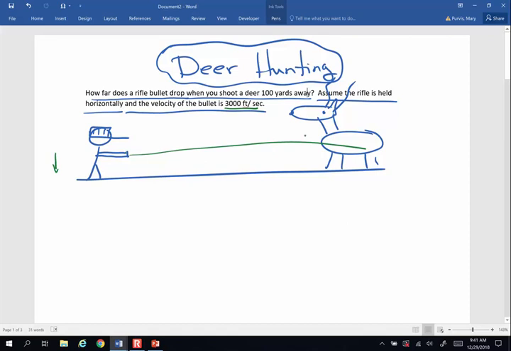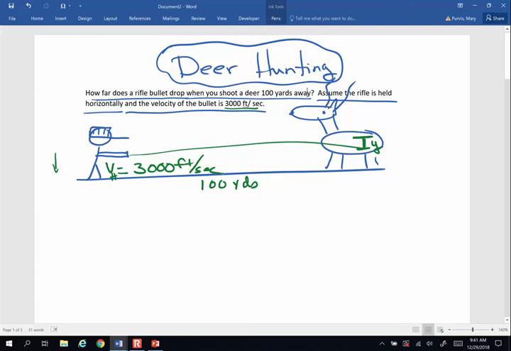Trying to make this straight with a little bit of a drop. And I want to know, how big is this drop? What is this change in distance from the straight horizontal downward? Now I know that the deer is 100 yards away, and I know the muzzle velocity of the gun, which happens to be a horizontal velocity of 3,000 feet per second.